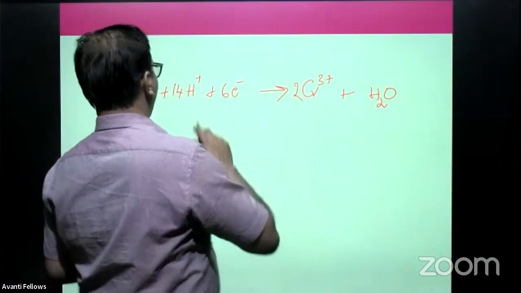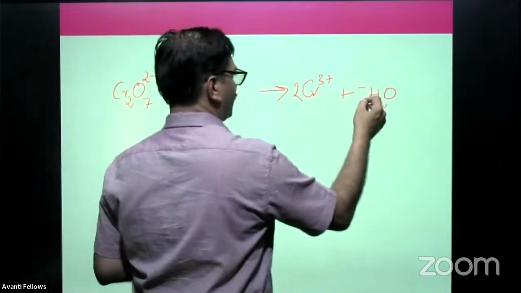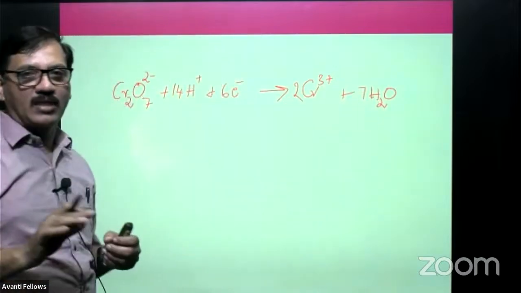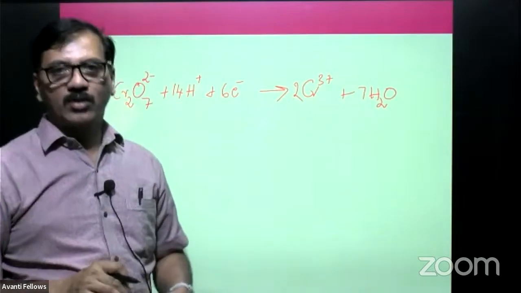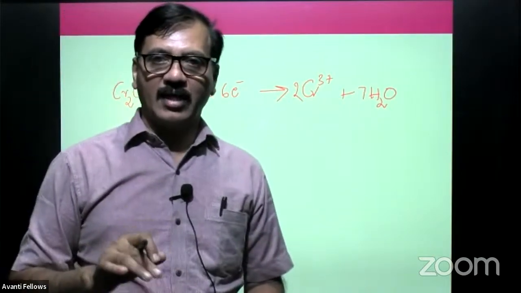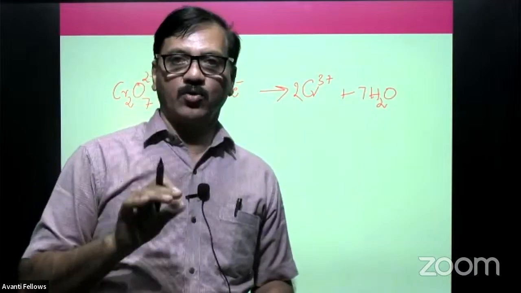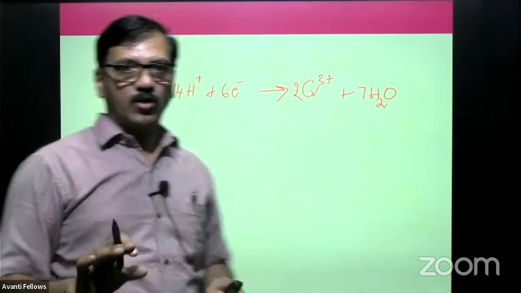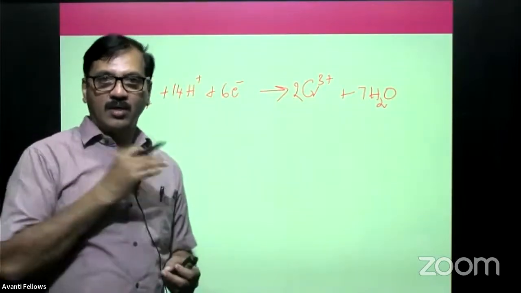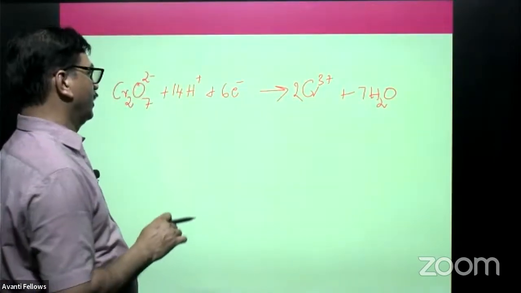Now, 14 H+ means 7 H2O. Now hydrogen and oxygen both are balanced. This is the way you have to balance, because the reason I am telling you all these things is that balancing this redox reaction is required. You have to write the reactions in balanced form only. Inorganic comes in; organic you can ignore, but here you have to balance.